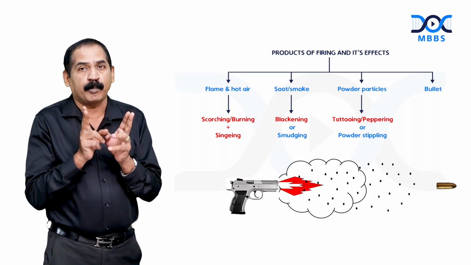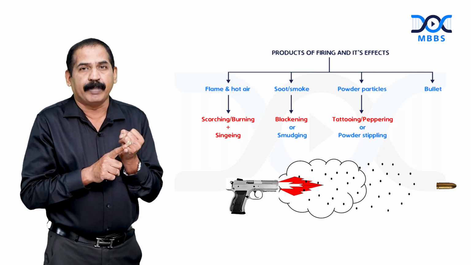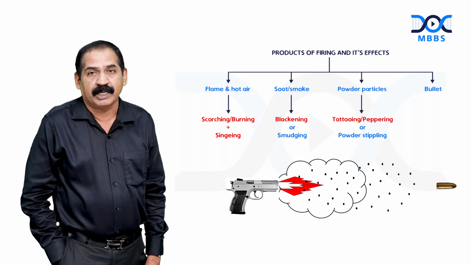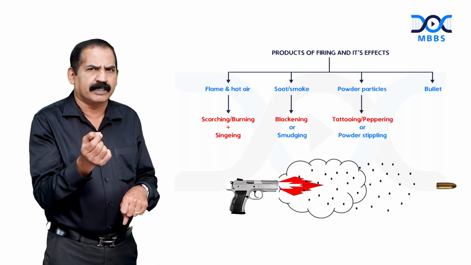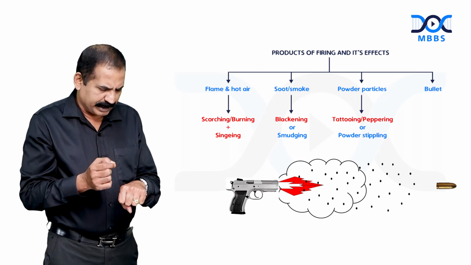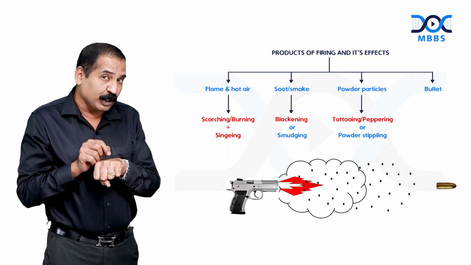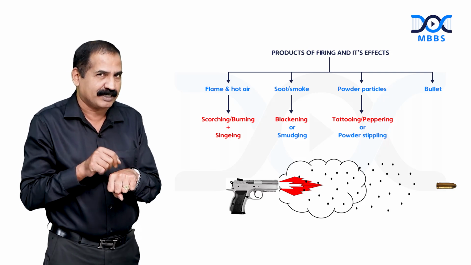But some amount is partially burnt or unburnt. The partially burnt and unburnt particles, once they hit the skin, penetrate into the epidermis and get embedded in the dermis.